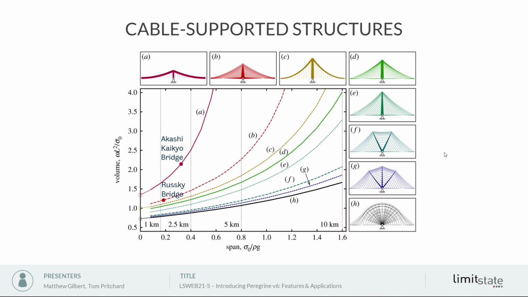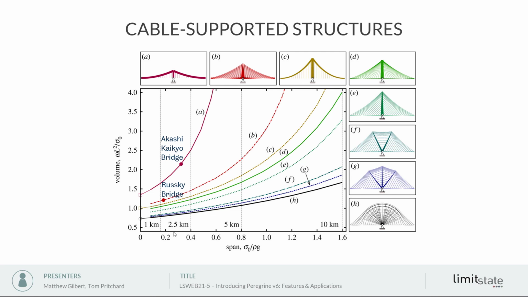And this figure here is actually part of the paper that Dr. Fairclough published, and we can see a range of different types of optimum long span structure, going from A, which is a very simple hanger type cable stay bridge arrangement, through to H, which is a very complex optimized structure.